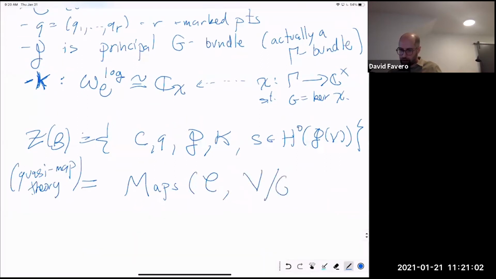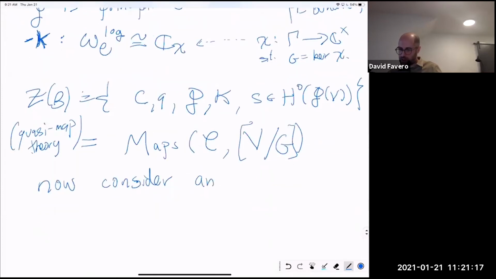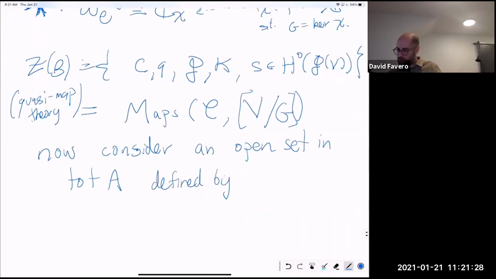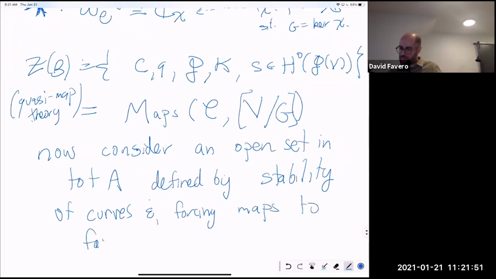Now consider an open set in the total space of A, defined by stability of curves and forcing maps to factor through the stacky GIT quotient, mod theta.